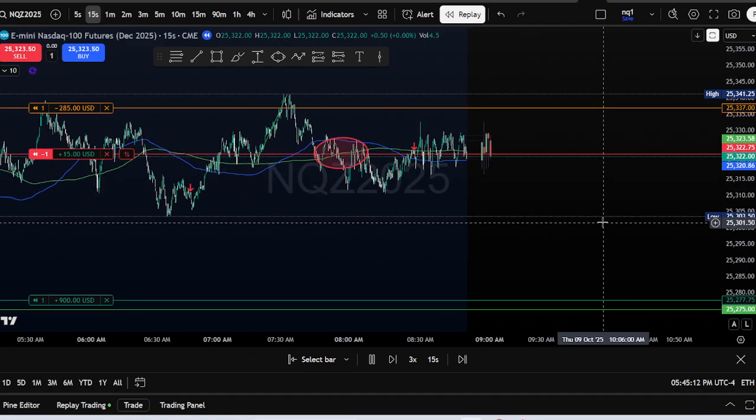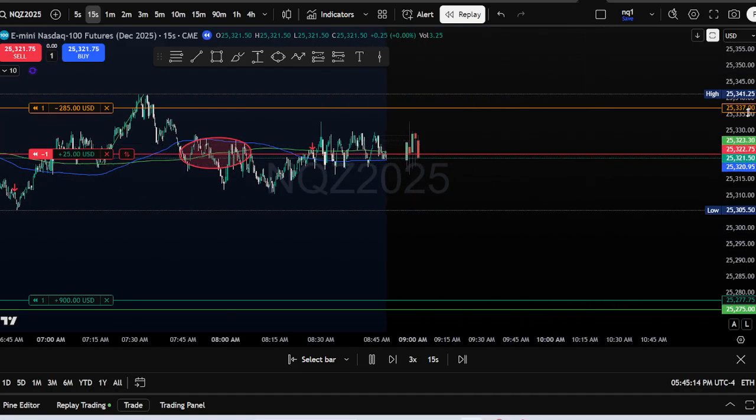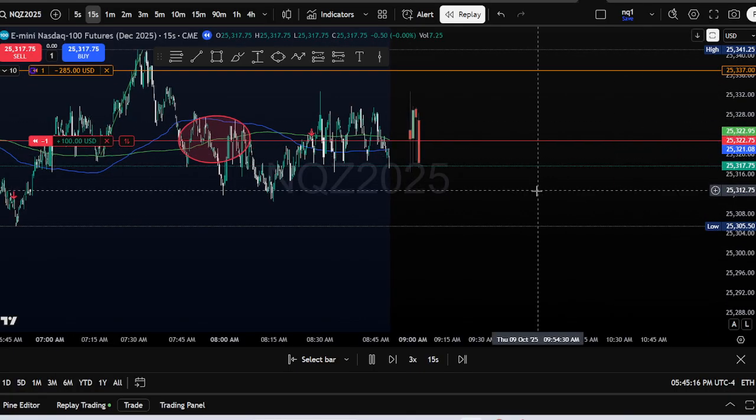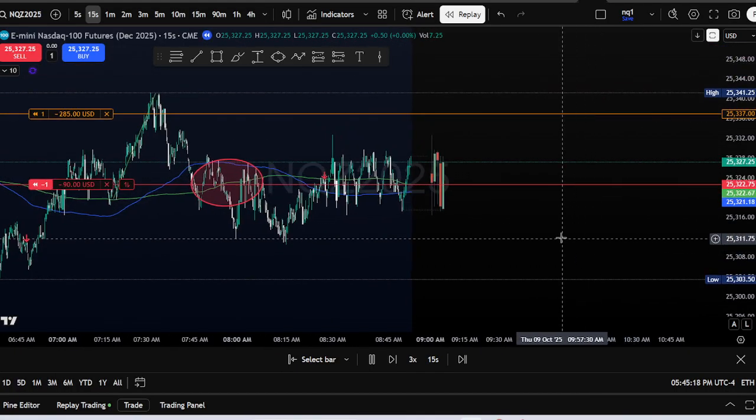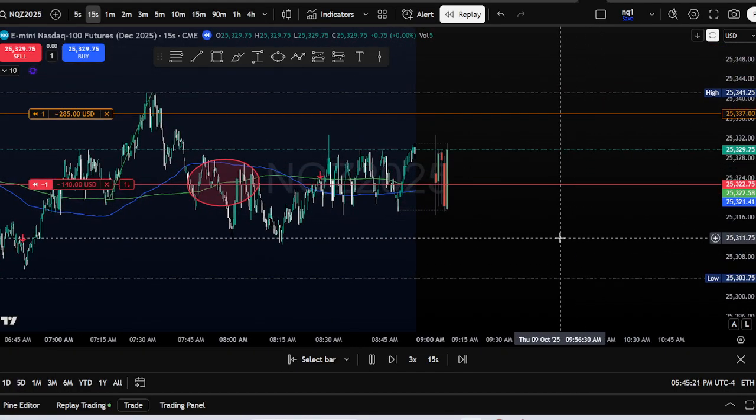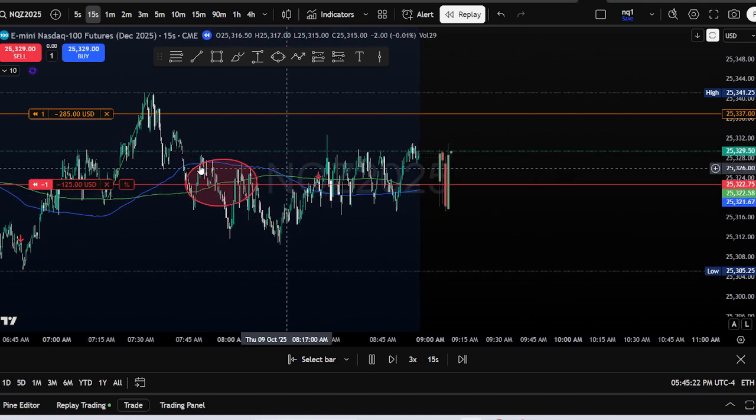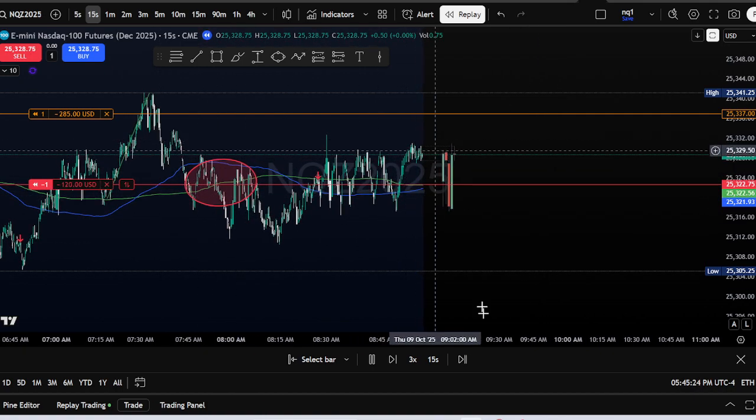Awful lot of chop, and this is right before open, so I might get punished for this one. But I see this as the football, and it came up to sweep the highs, and it's about to dump.